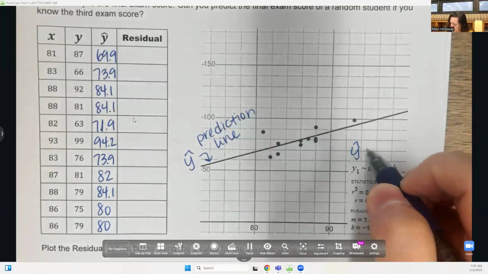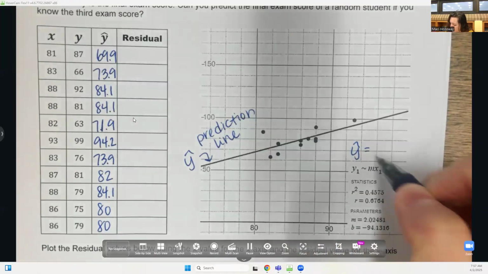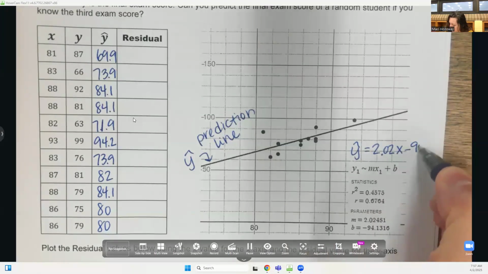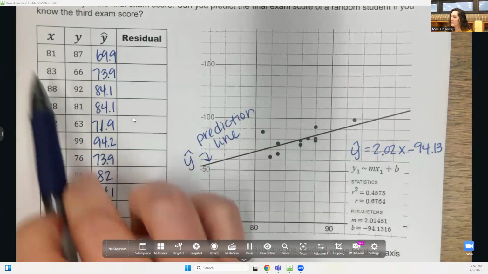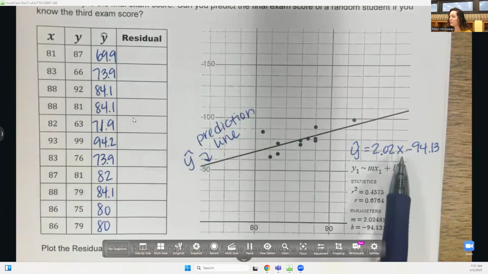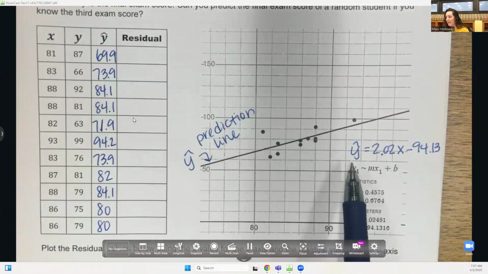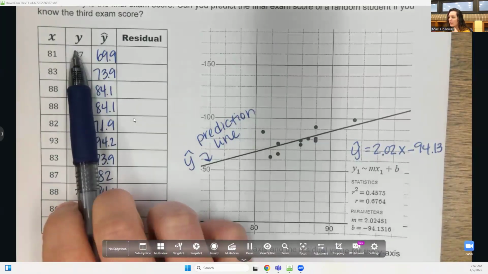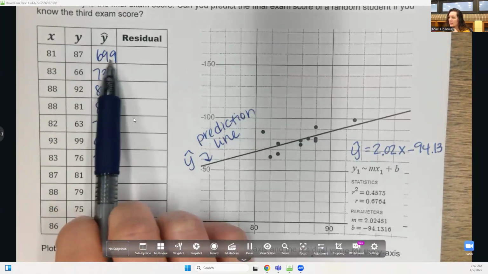So based on our prediction line, y hat equals our m value, which is 2.02, x minus 94.13. If we plugged in all of these x values into our x variable here, we would get our y hat value, right? So let's calculate our residual now. We're going to get our residual by taking our actual value, 87, and subtracting our predicted value, 69.9.